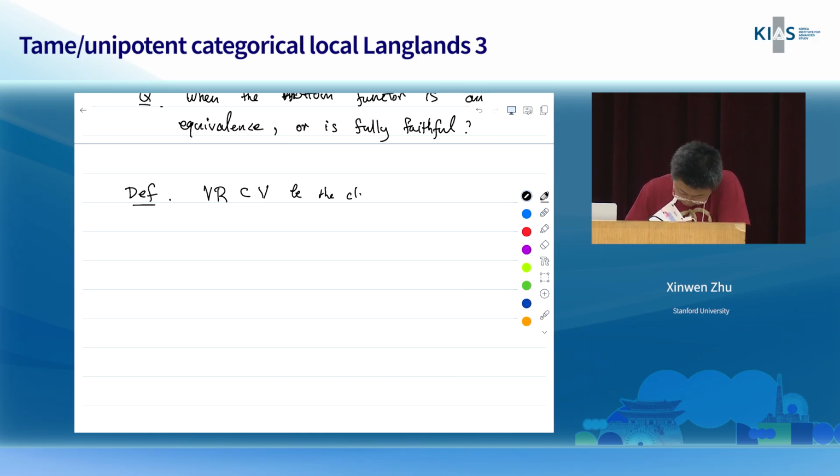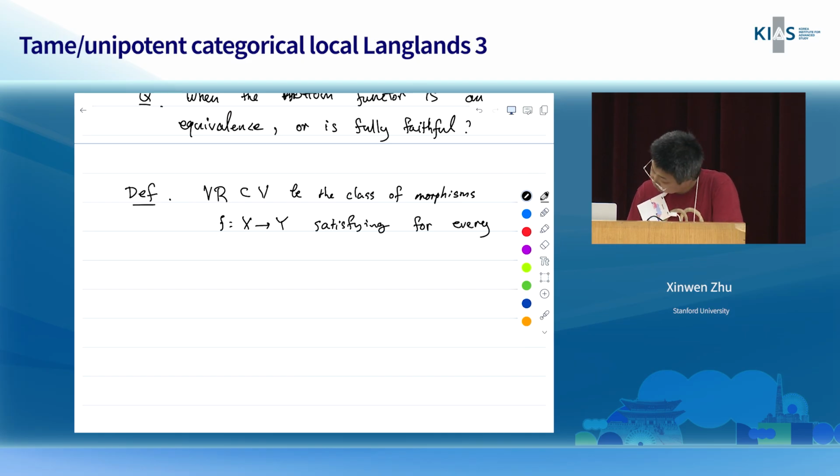It is the class of morphisms satisfying the following conditions: for every Cartesian diagram, like a pullback diagram, we have the following.